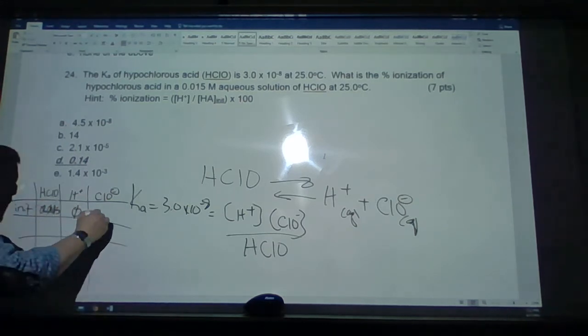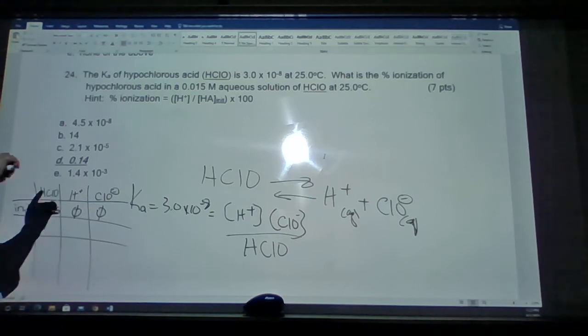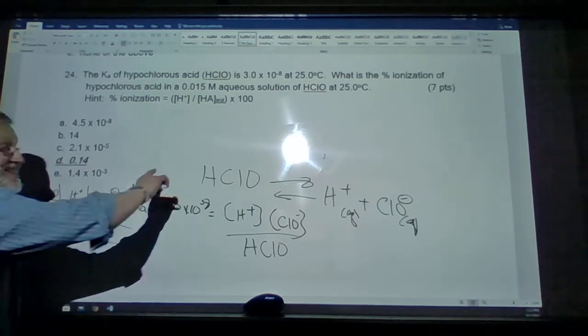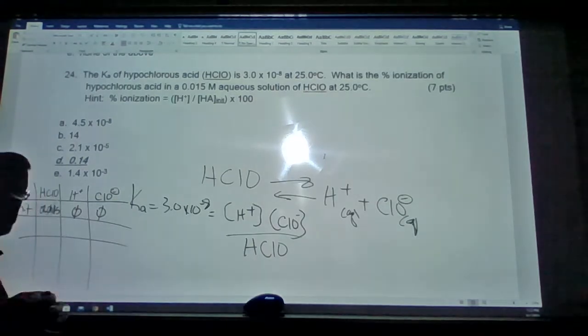Initially, 0 and 0, before we put the HClO in water. 0 H plus, 0 ClO minus. As this goes to equilibrium, some of this goes to the right. How much? We don't know.